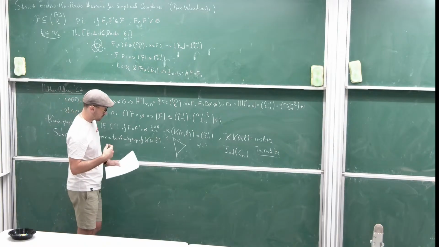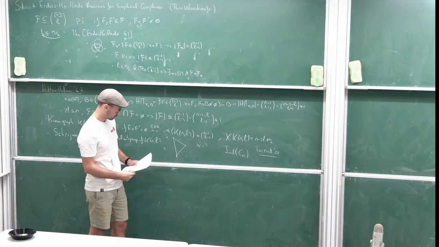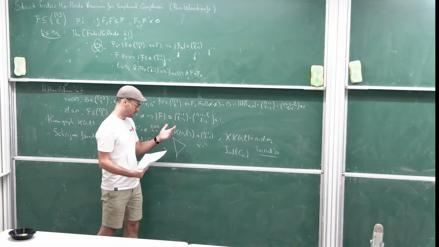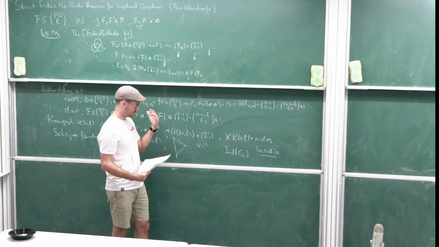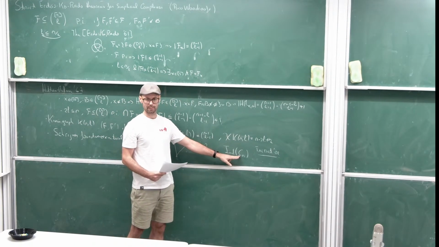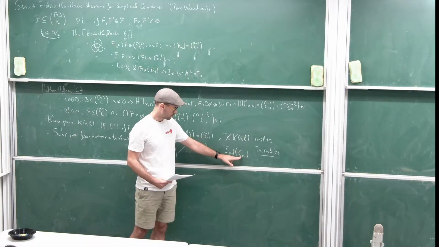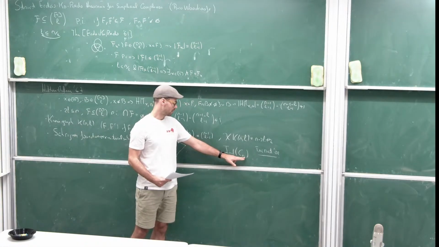So one way of generalizing the Erdős-Ko-Rado theorem is changing the graph here. Instead of Cn, we can consider maybe a bipartite graph or more general chordal graphs.